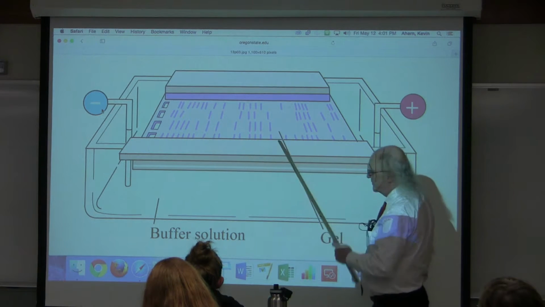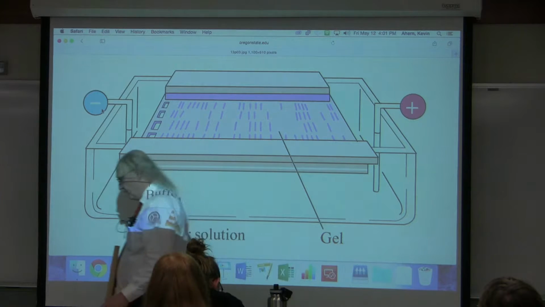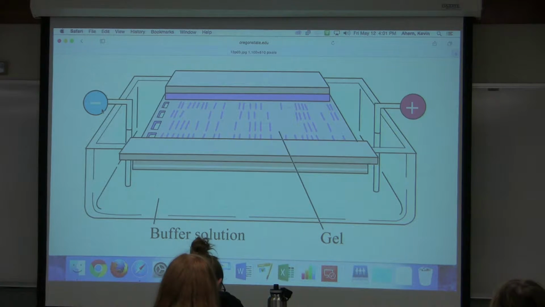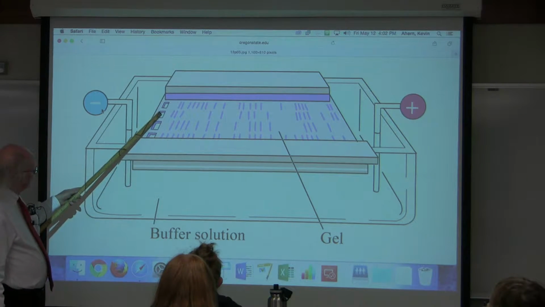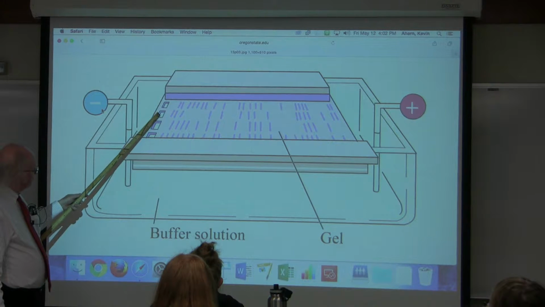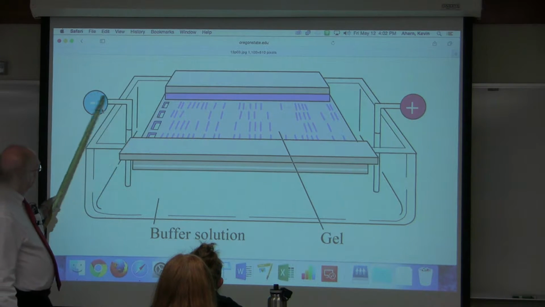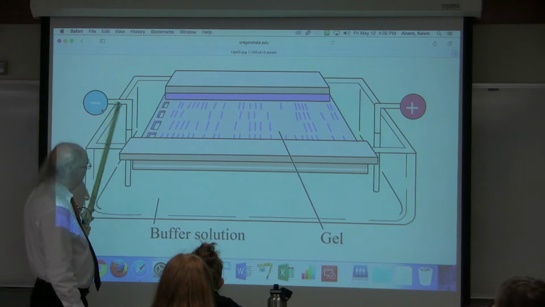Separation by gel electrophoresis involves the fact that the backbone of the nucleic acid is a polyanionic substance, meaning it's phosphates, one phosphate for every nucleotide in the backbone. All those phosphates are negatively charged at physiological pH, so when I load this into a well in the chamber, the negative charges are repelled by the negative electrode up here.